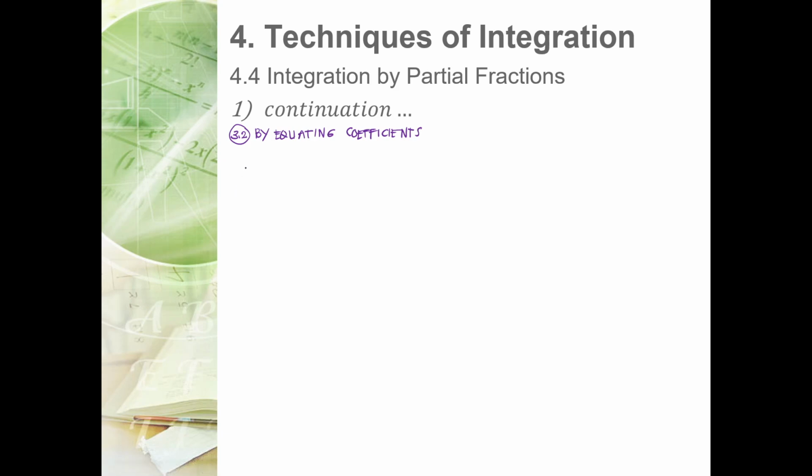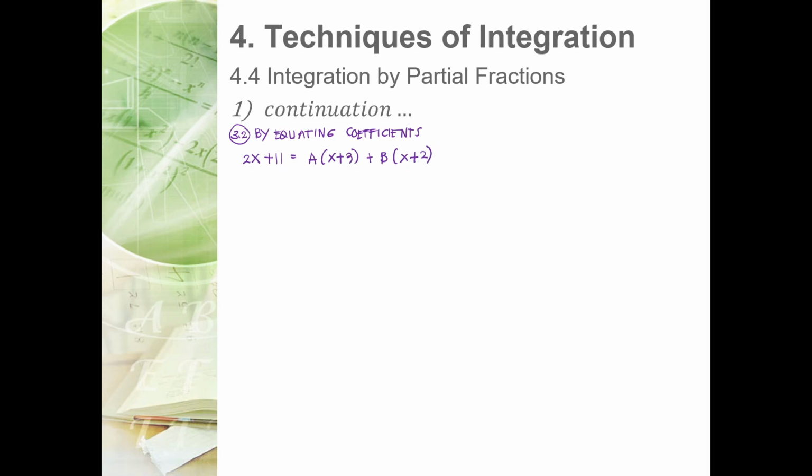Let's copy the equation. It's 2x plus 11 is equal to a times x plus 3 plus b times x plus 2.